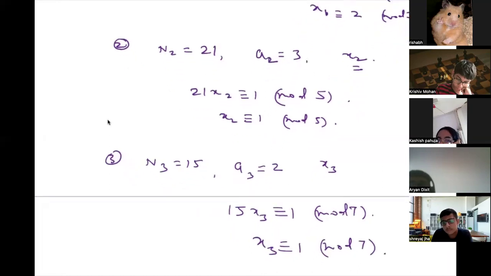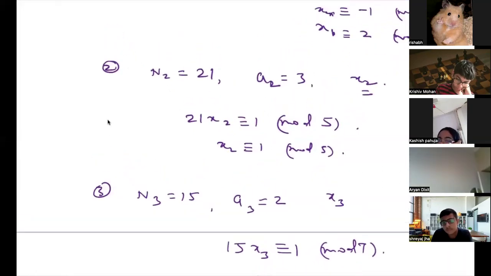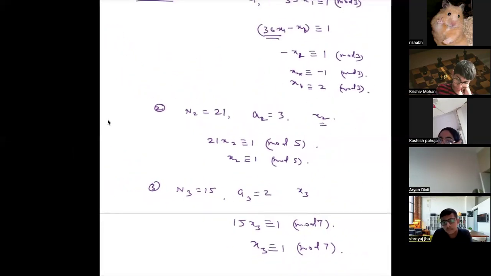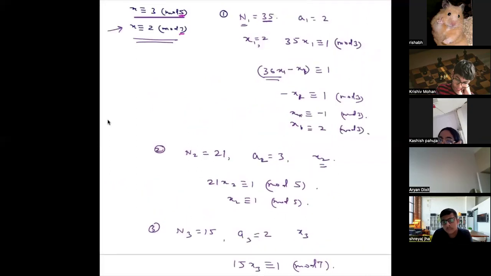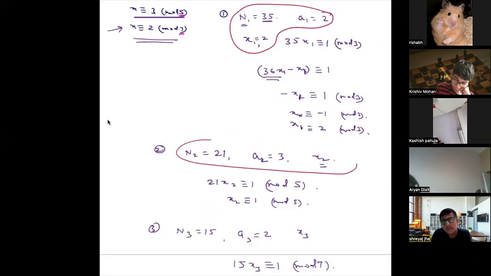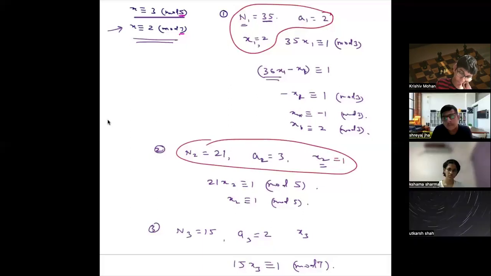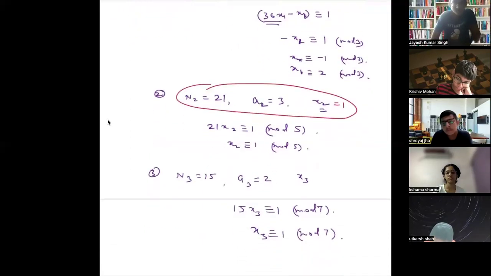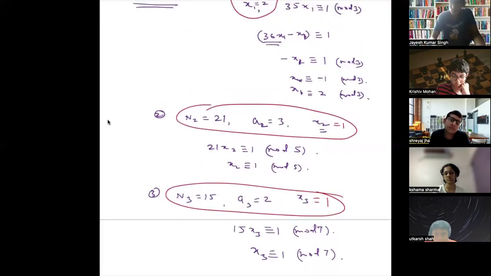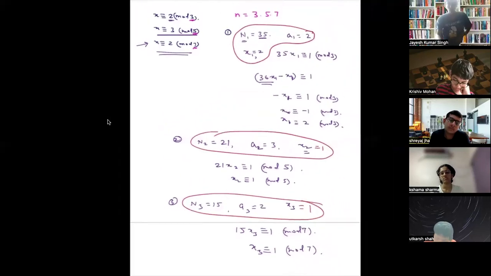Now you have to put these things in the formula. First you are getting this one, second you are getting this one. X2 is 1 in this case. And third you are getting this one.